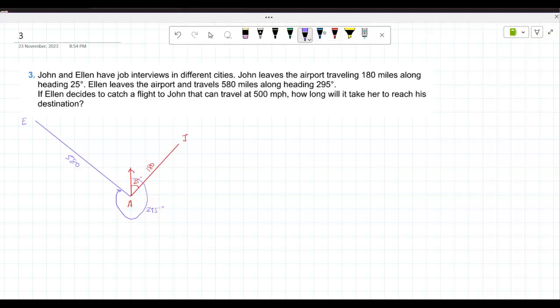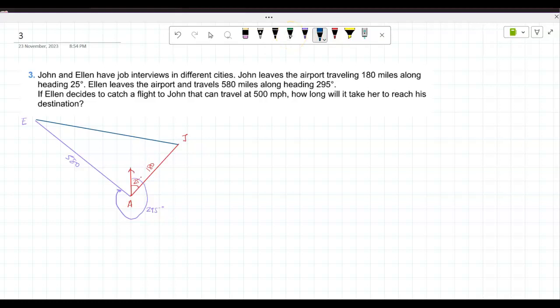So Ellen wants to travel this. How long? Correct. So 25. So what will you do?